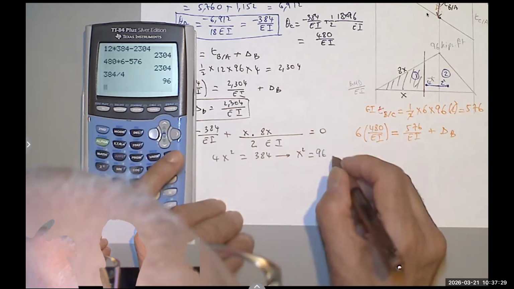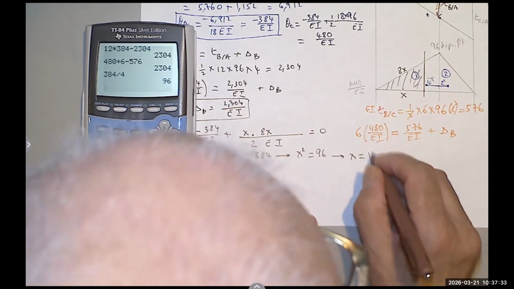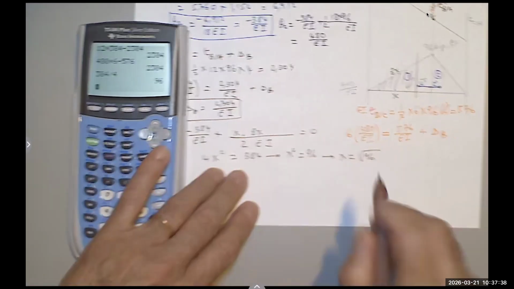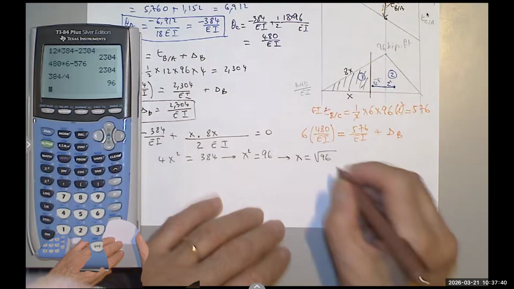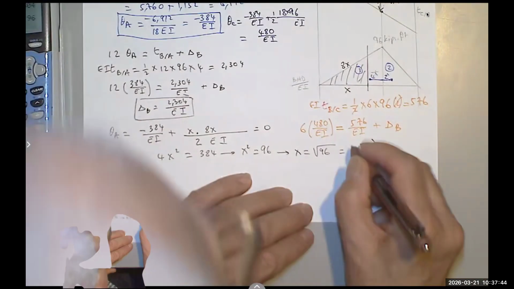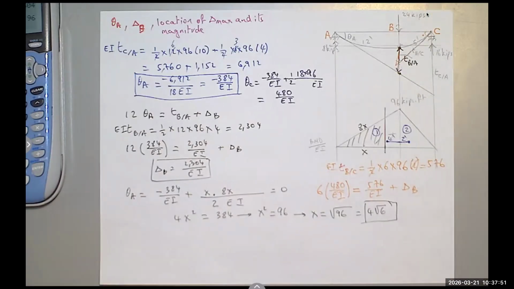So of course, x cannot be negative. So x equals the square root of 96. And 96 is 16 times 6. So I can write it as 4 root 6 feet. And that's the third answer. So far, so good. So now we found everything.